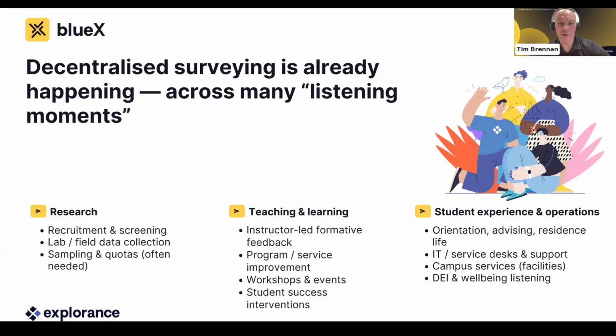We know there's lots of ad hoc surveys that go out about those things. And further to that, of course, you have campus life and facilities who might also be asking questions, be it about the library services or internet across the campus, or be it even the enrollment process. So there are lots of needs for touch points and for data across your institutions.